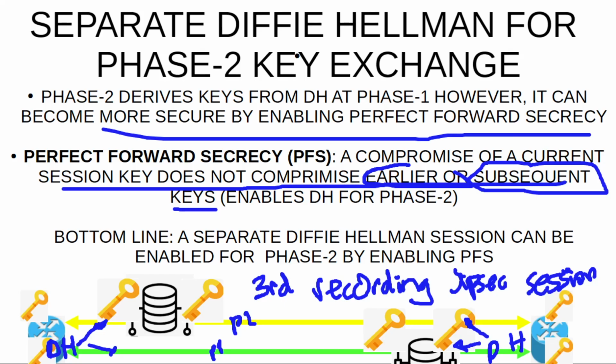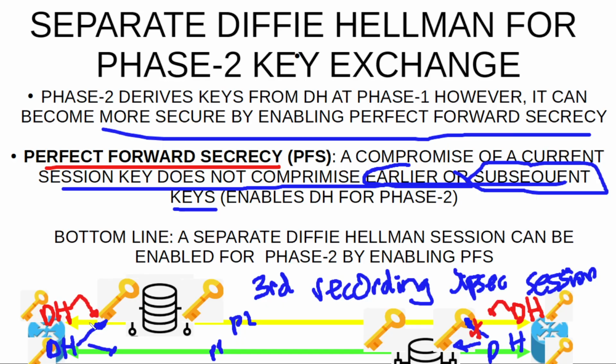However, when enabling perfect forward secrecy, we are going to let phase 2 have its own Diffie-Hellman group. So in this case, this particular new Diffie-Hellman group is going to create keys for phase 2.